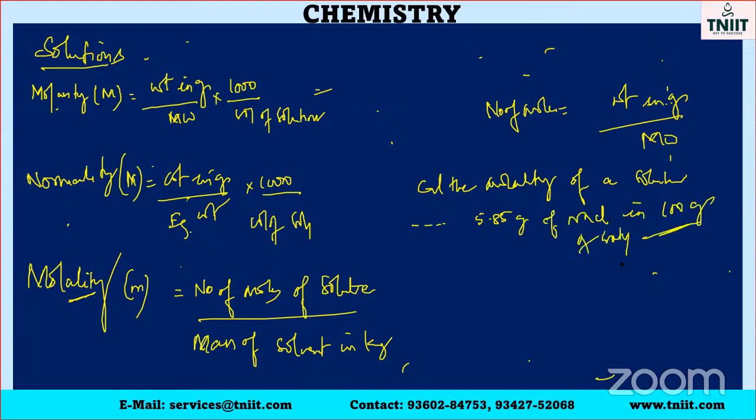First, we have to find the number of moles of sodium chloride. The number of moles is 5.85, weight in grams, divided by molecular mass, which is 58.5. So it will be 0.1 mole.